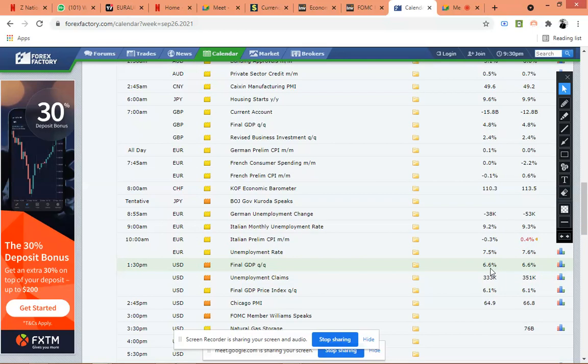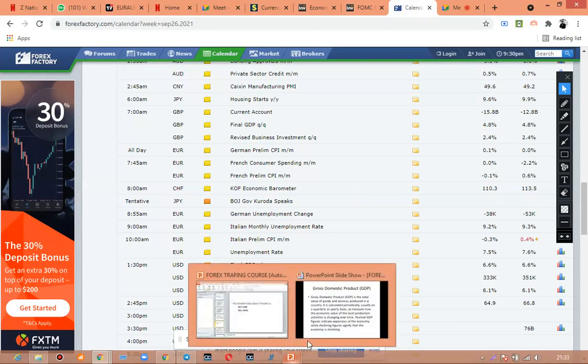Let's see when they start calculating it, when they start giving out results. That is when we know if it is higher than the forecast, or higher than the previous one. So let's see if it's going to be good for trading. That should happen on Thursday.